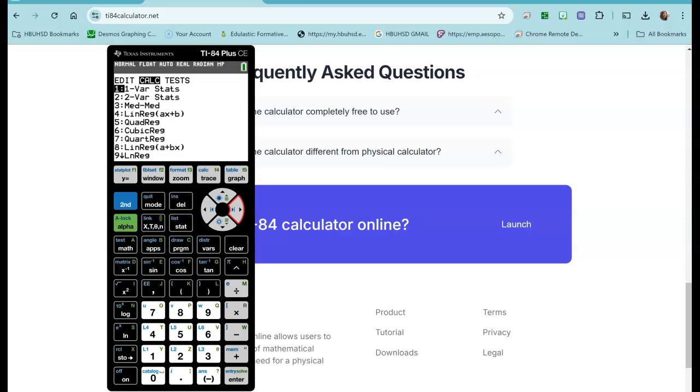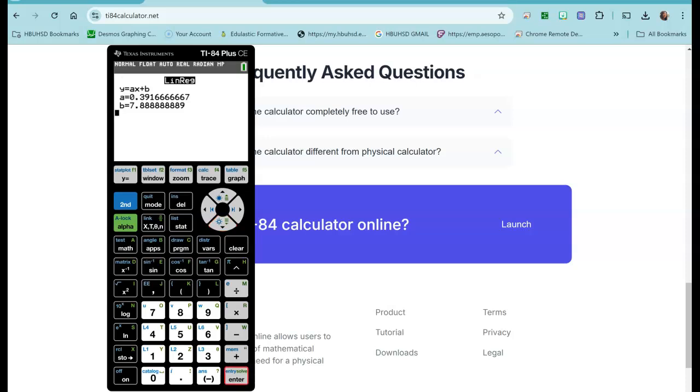So hit number 4, and you're going to see this screen right here, and we're going to go down to calculate, and we're going to store this regression. To store it, we're going to hit vars, find the vars button, and go to yvars. Go to function with just 1, and let's store in y sub 1. So hit enter on that one. And go down to calculate, hit enter.